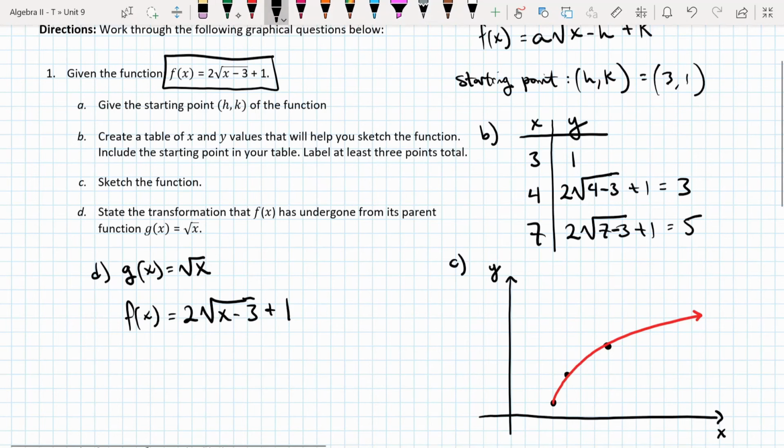Okay, so let's state the transformations. Well, inside the radical, the minus 3 indicates that we're shifted right 3 units.